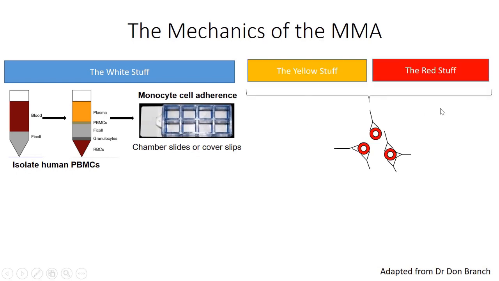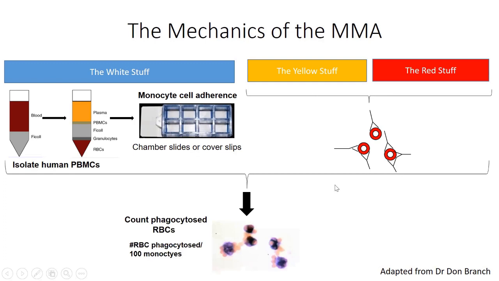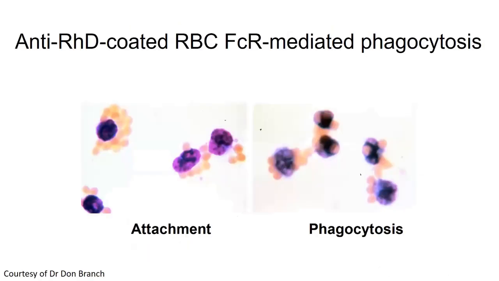The yellow stuff is mingled with the red stuff, and the monocyte layer is then watched for how much phagocytosis is happening. The number of red cells phagocytosed in every 100 monocytes gives you your phagocytic index, and a value greater than 5 is considered significant.